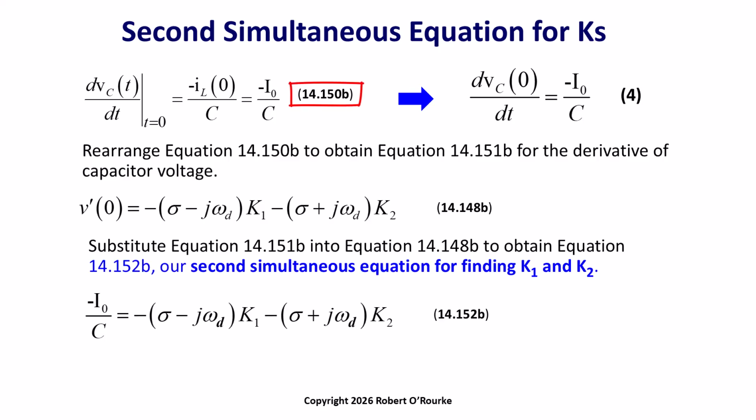Equation 14.150b gets simplified in equation 4. The I naught over C term from the right side of equation 4 then replaces the V prime naught term on the left side of equation 14.148b, as shown in equation 14.152b.